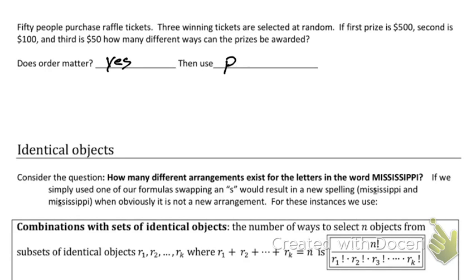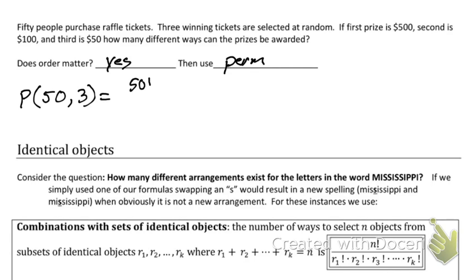Then you have to use permutation. All right, so if we're using permutation on this one, we use cap P. And then we'll say, okay, how many people did we start with? We started with 50, and we're going to pick 3 people to win.